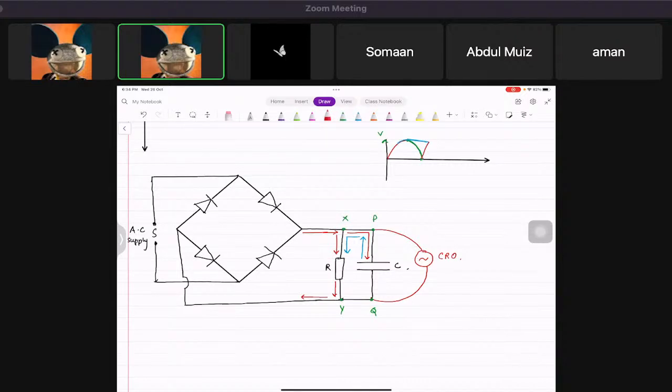And in the next part, when it goes up, basically this section right here, it again charges the capacitor, and then it goes the same way, and then again charges the capacitor, discharges, charges, discharges, and so on. Do you understand now?